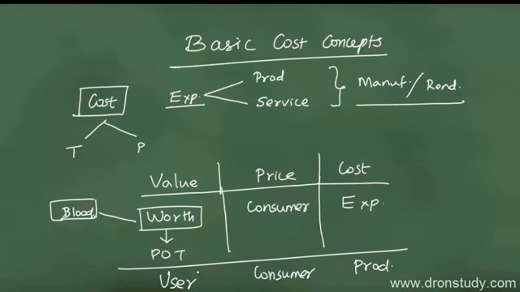What is important is that value is basically an opinion. I attach so much value now, I may not have as much value at a later stage, whereas the price is based on the policy of the seller. If the seller wants more margin, he will increase the price. If he is okay with a lesser margin, he will reduce the price, and if the market is not doing well, sometimes he will even sell below the cost.